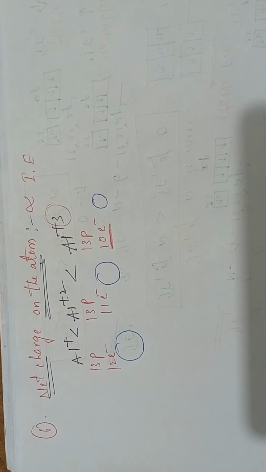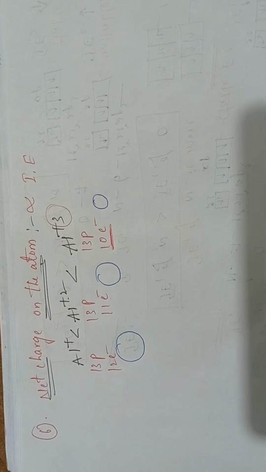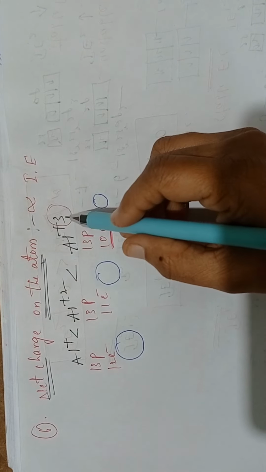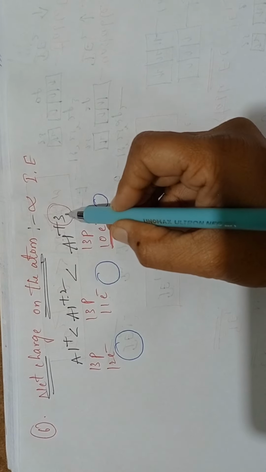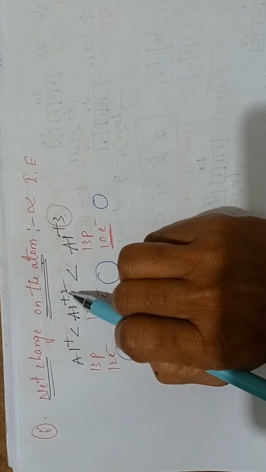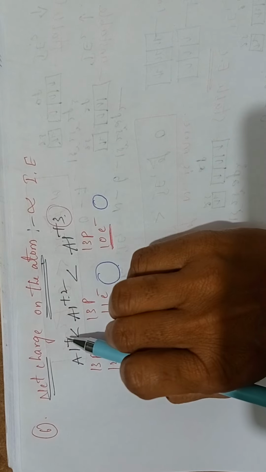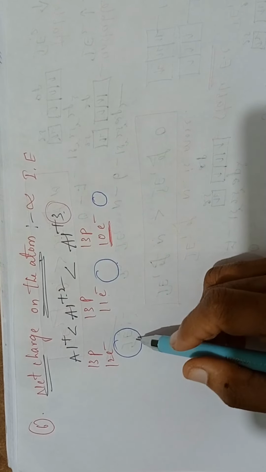Are you clear? Understanding, students? Whenever the charge is more, the size is small. It lost 3 electrons, that's why the size is very small. It lost 2 electrons, its size is small. It lost only 1 electron, so its size is more.